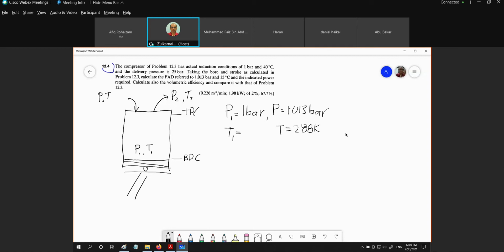And our T1 is given right here as 40 degrees C. So 40 plus 273 should be equal to 313. So this is 313 Kelvin. So we have taken this. And then the P2 is equal to, again, the same thing, 25 bar.